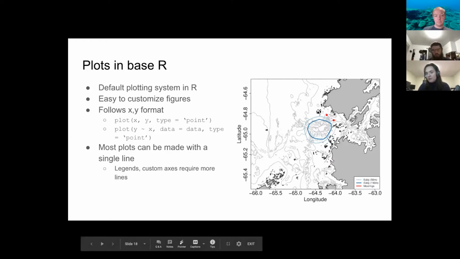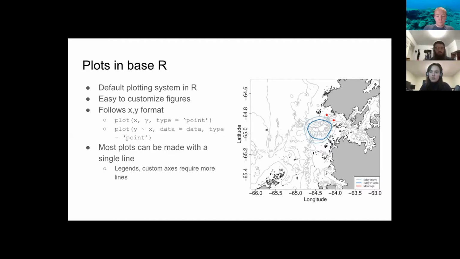This involved a few more lines of code to put on the base layer of the land, add the points, add the circles, add the legend. So when you get up to that sort of level, you do require a few more lines of code. But usually you can make a pretty decent plot within 10 or so lines of code.